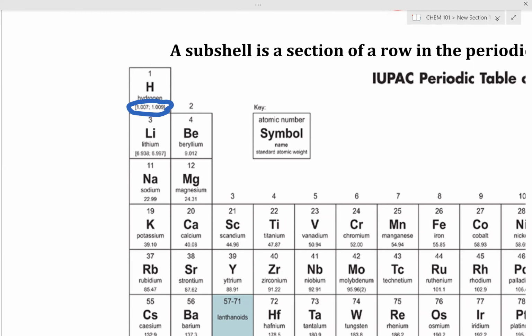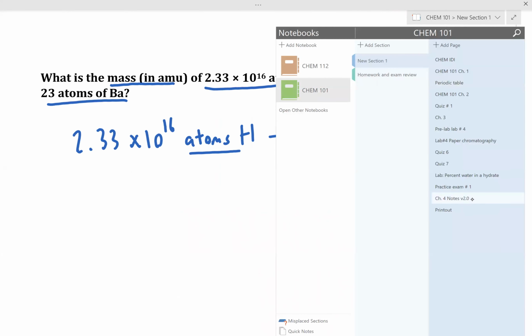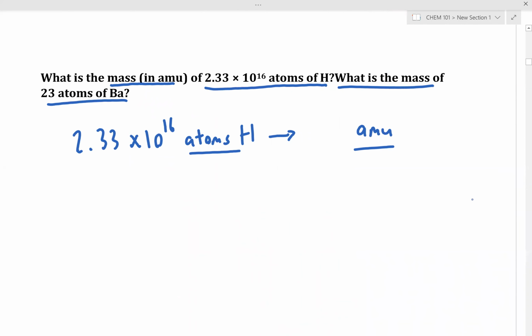About 1, to be approximate. Yeah. So then we know that hydrogen's mass is 1.007 AMU per hydrogen atom. Okay, so now that we have this conversion factor, if we wanted to go from atoms of hydrogen to AMU, what units will be on top?